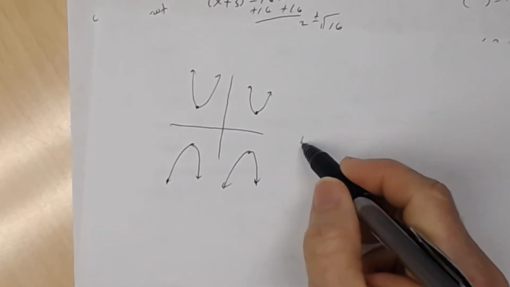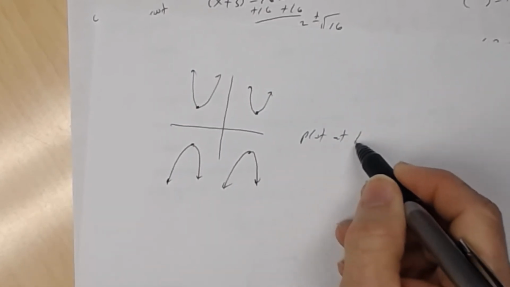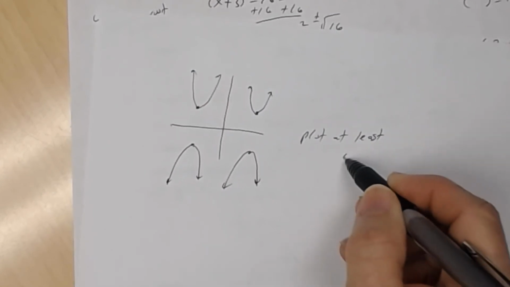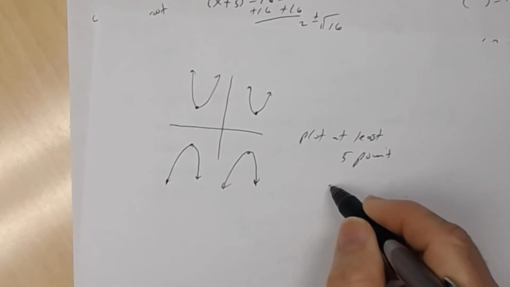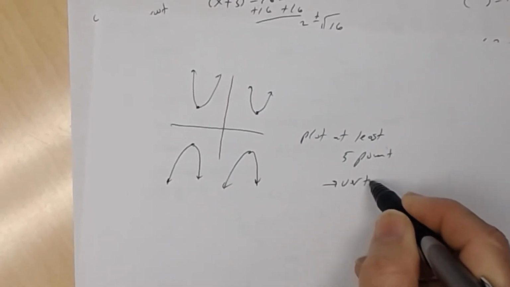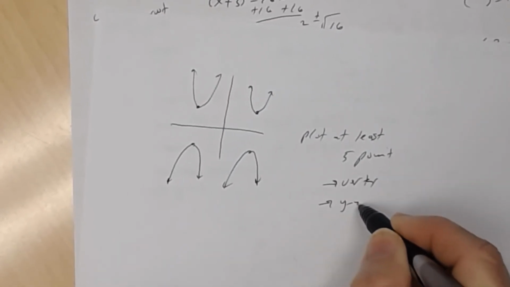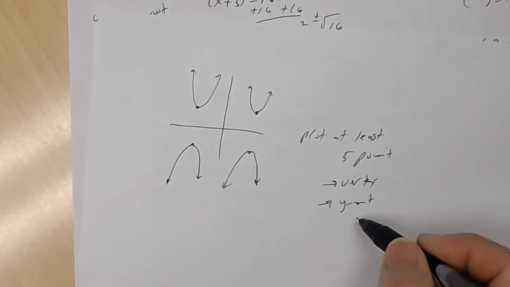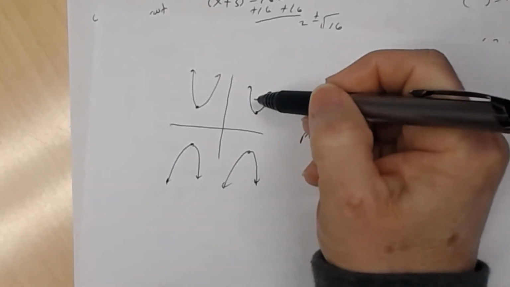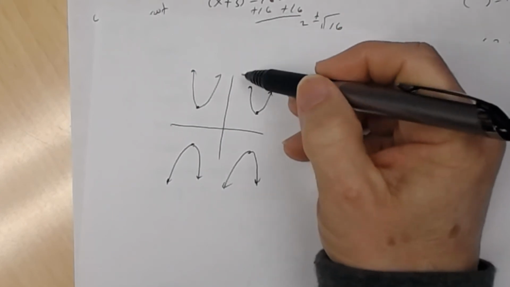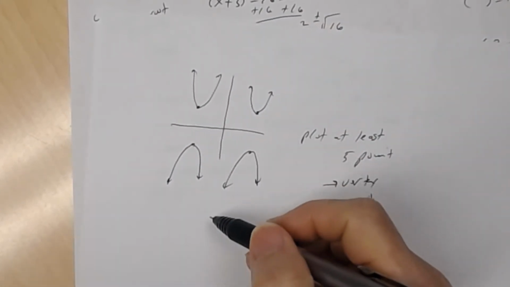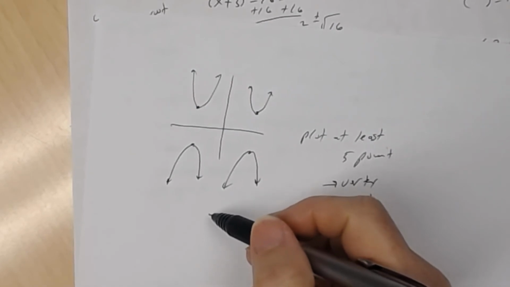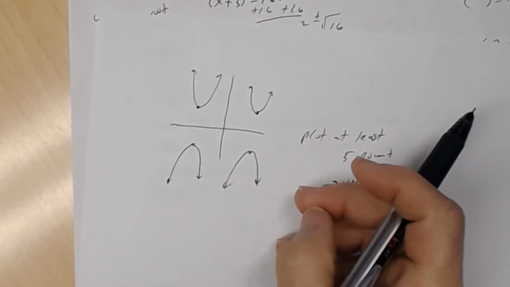But you still want to plot at least 5 points. At least 5 points. Okay, one of them being the vertex, and the other one being the y-intercept. Because you're always going to have a y-intercept, always. You say, well, this one doesn't. Yes, it does. Remember, it keeps on going like this, so it will have a y-intercept. It has to have a y-intercept because remember the domain is all real numbers.